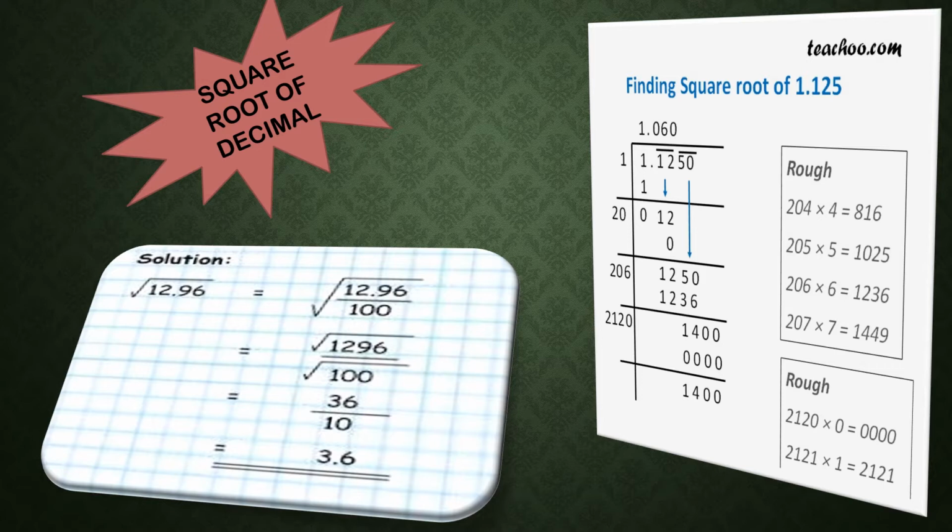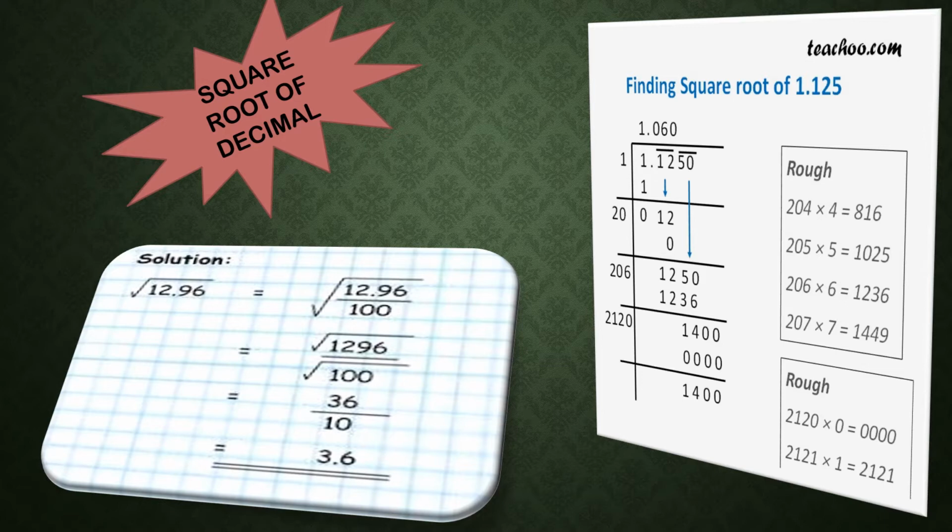So it's coming 1 into 1, 1 ones are 1 is coming. So after subtraction 1 minus 1, 0 is coming. But after 1 decimal is there. So that's why in quotient also we are putting after 1 decimal. Next 1, 2. This pair of numbers will come down, and 1 into 2, 2 is coming, means double of this quotient.